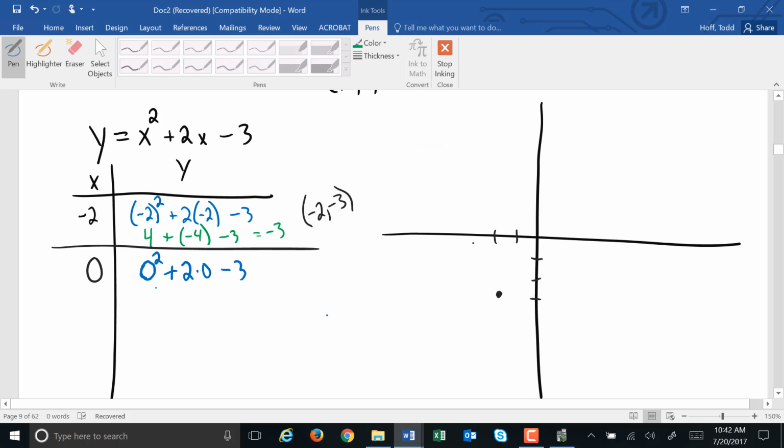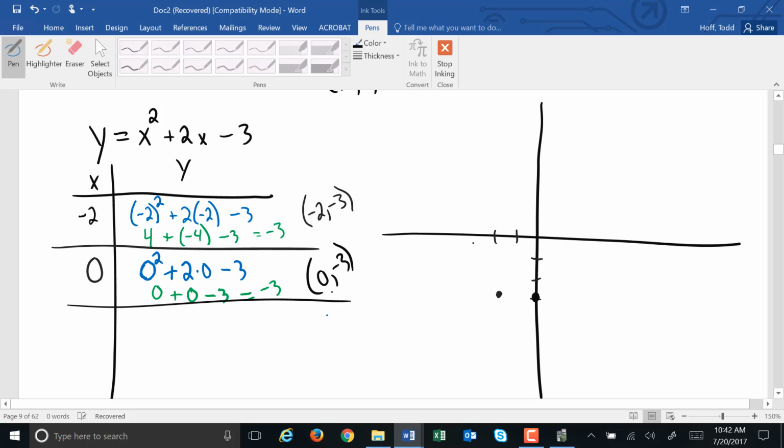Well, of course, 0 squared is 0. 2 times 0 is 0. 0 plus 0 minus 3, -3. So when x is 0, y is -3. So 0, -3 is another point right there.